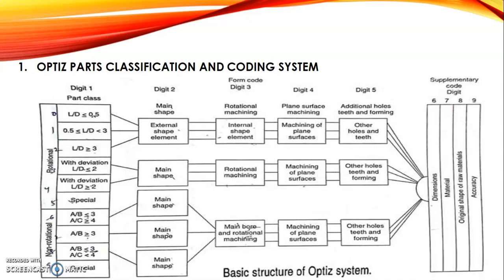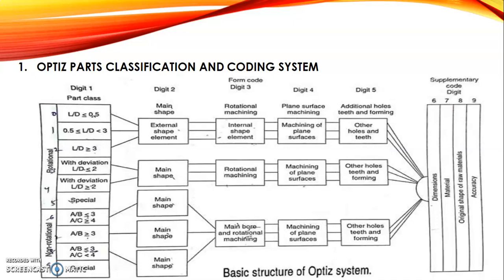The Opitz coding scheme consists of 9 digits, and can be extended by adding 4 more digits. The first 5 digits, digits 1 to 5, are called the form code, and digits 6 to 9 are called the supplementary code, followed by ABCD, which are known as the secondary code.